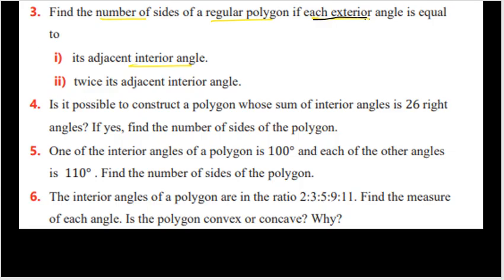Okay, question number 4. It says, is it possible to construct a polygon whose sum of interior angles is 26 right angles? If yes, find the number of sides of the polygon. 26 right angles means 26 times 90.